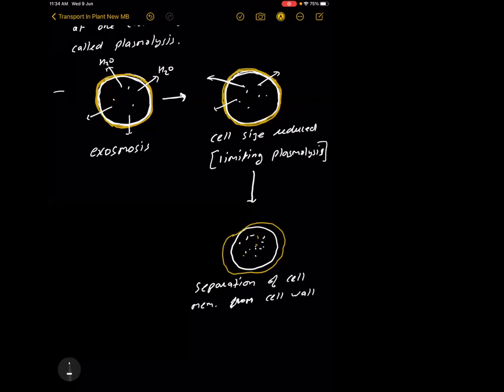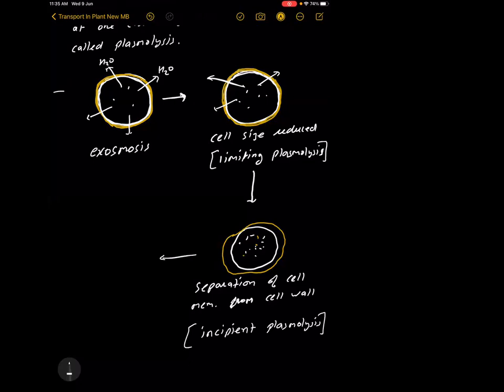More contraction of protoplasm occurs, and it withdraws the cell membrane from the cell wall. Overall the protoplasm starts contraction. Because of this, the next stage occurs, that is incipient plasmolysis.